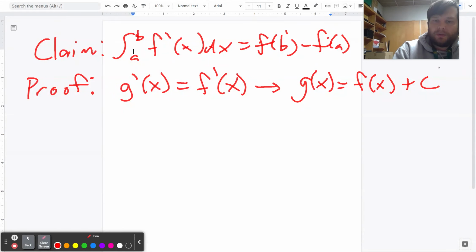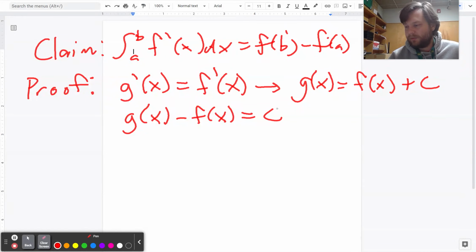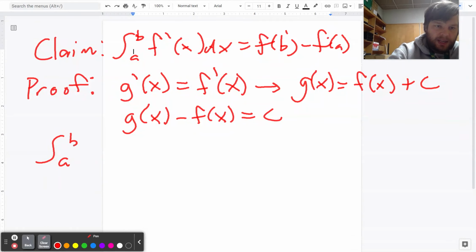In other words, they can only be a constant different from each other, because they always have the same slope at every point. So the only difference can be that one is slid up or down from the other one.